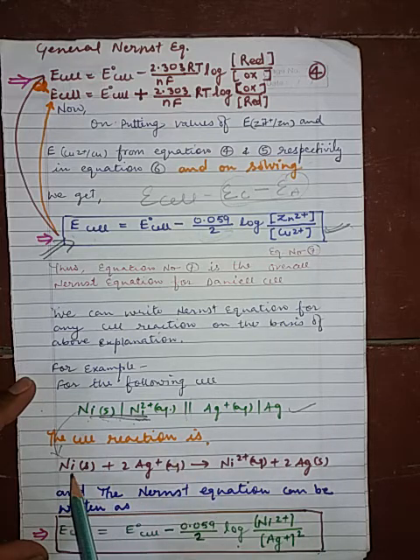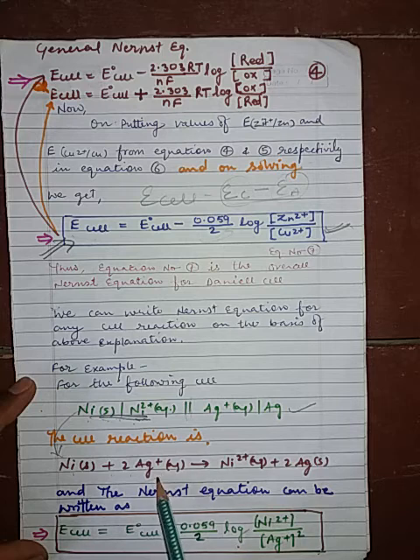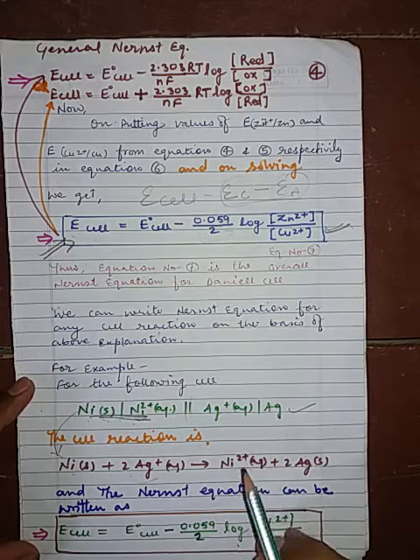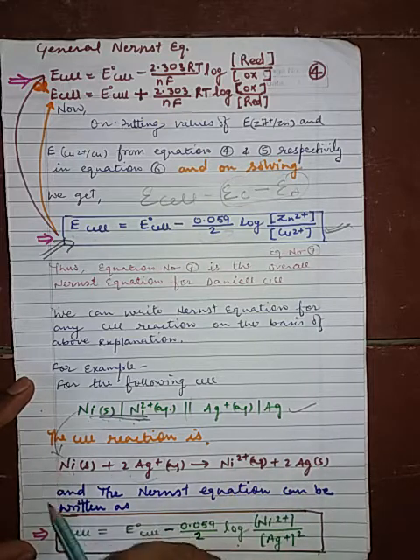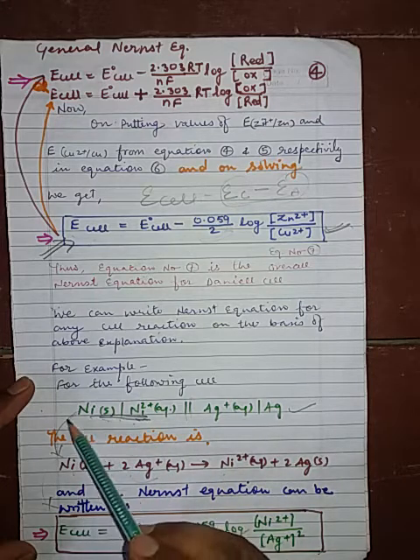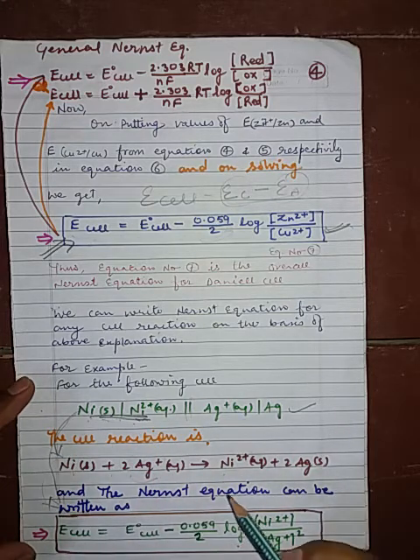The cell reaction will be Ni plus 2 silver ions changing into Ni2+ plus 2 atoms of silver. Now we can easily convert this reaction in terms of the Nernst equation.